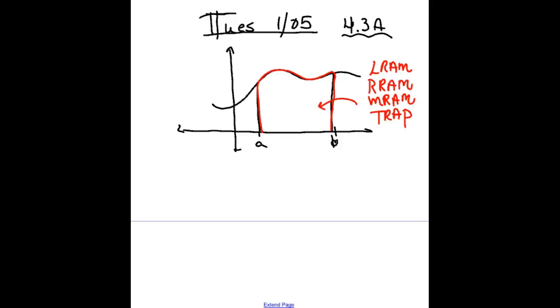But we chopped it into a finite number of them, and that gave us an approximation, because when we go up and hit the curve on the left, or on the right, we don't quite get all of that area, or sometimes we get extra area. So those are all approximations for the area under the curve.